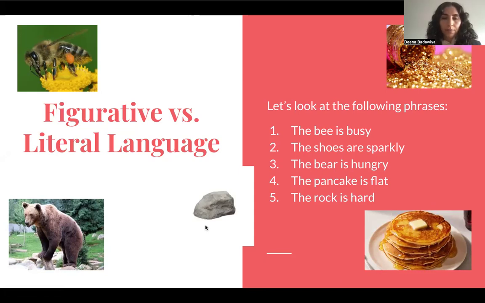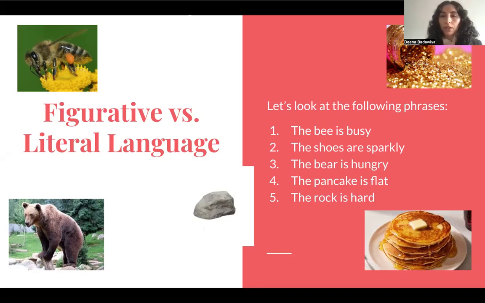The rock is hard. Okay, so this is all literal phrases. The bee works, so he is busy. The shoes look sparkly. The bear is hungry. The rock is hard, right? So you know it's a hard feeling. And the pancake is flat. So, how do we change this into figurative language?